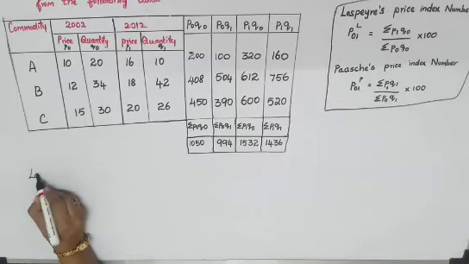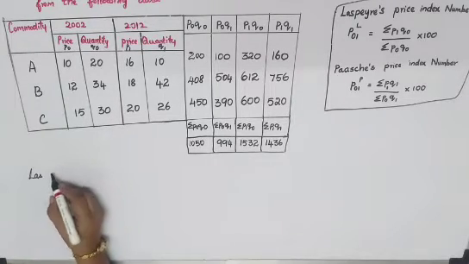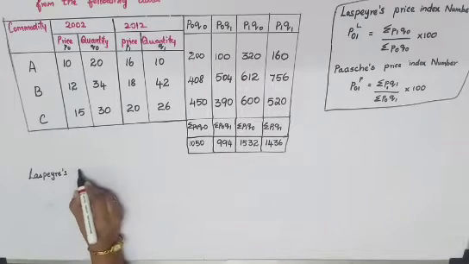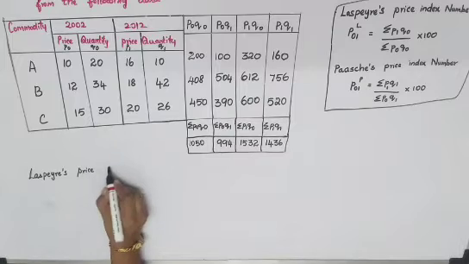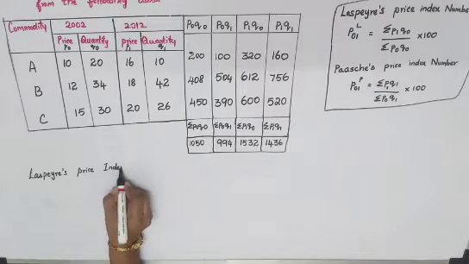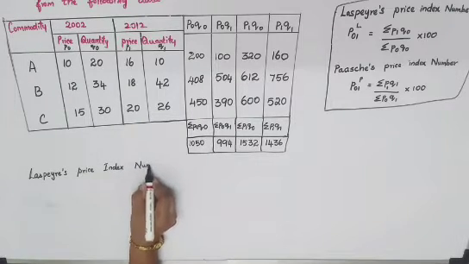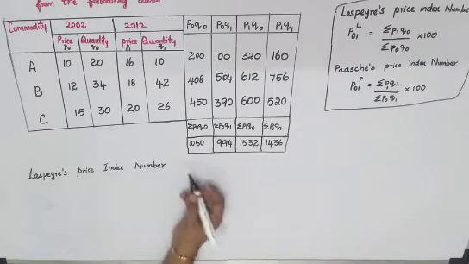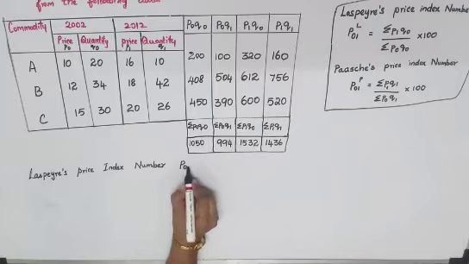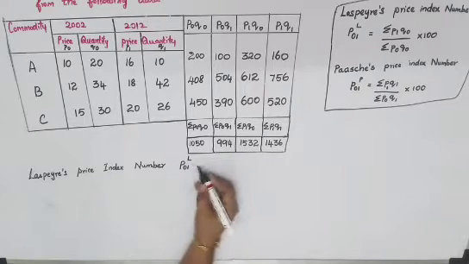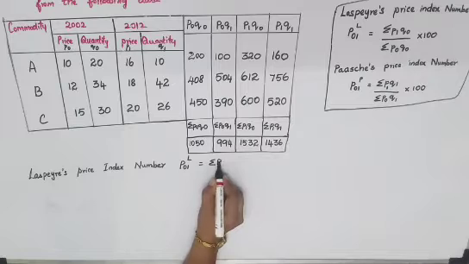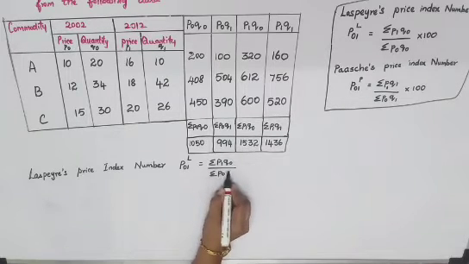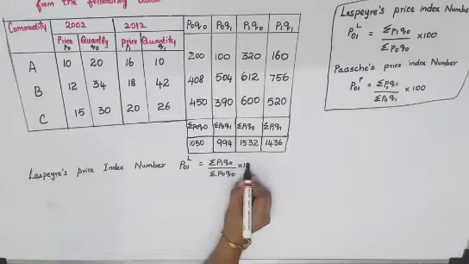First, find the Laspeyres price index number. Your formula is P01 with L, which is sigma P1 Q naught divided by sigma P naught Q naught into 100.